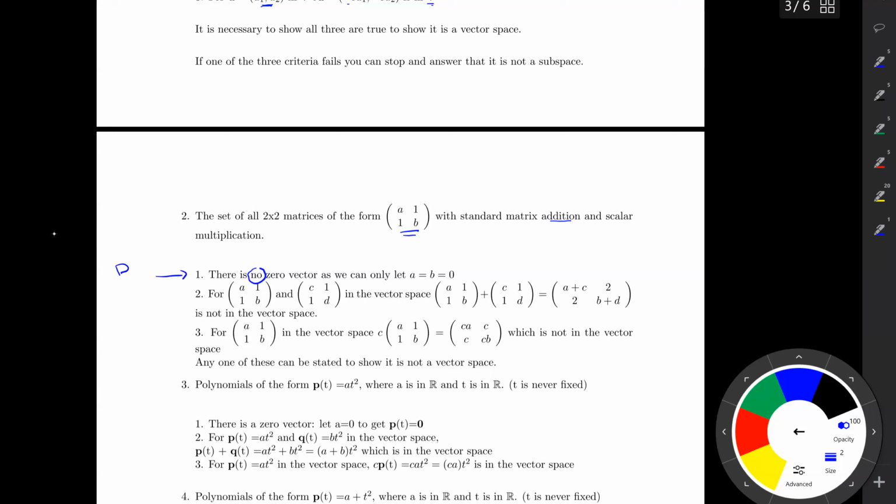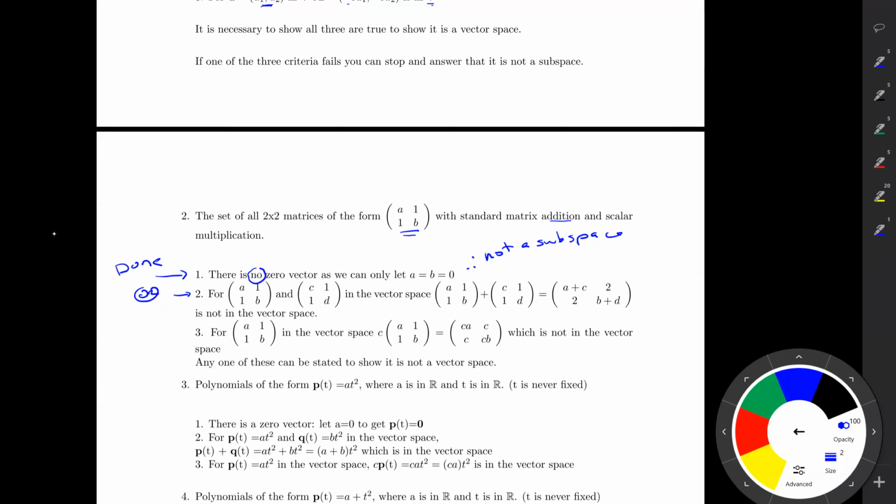If this was a problem of yours and you wrote this, you could be done. I'm going to show the other parts so you have an understanding of it. If you're showing one of the criteria doesn't work, then you can say therefore not a subspace, and you can be done. Or we could look at criteria number 2.